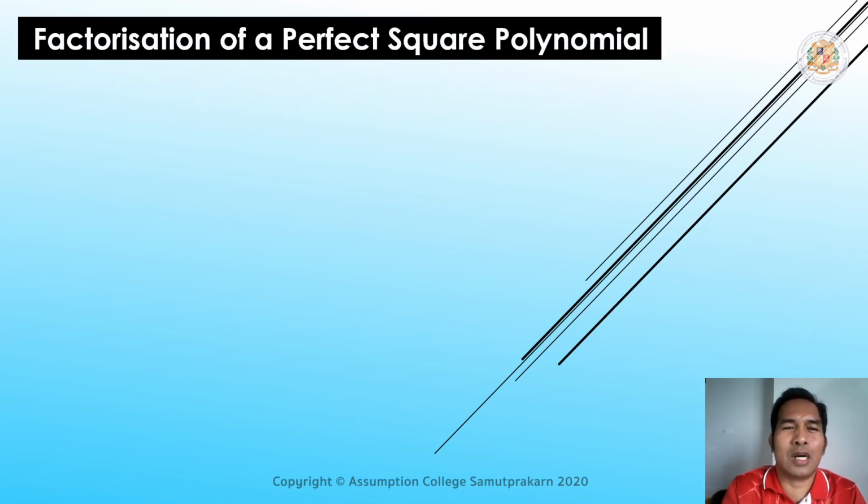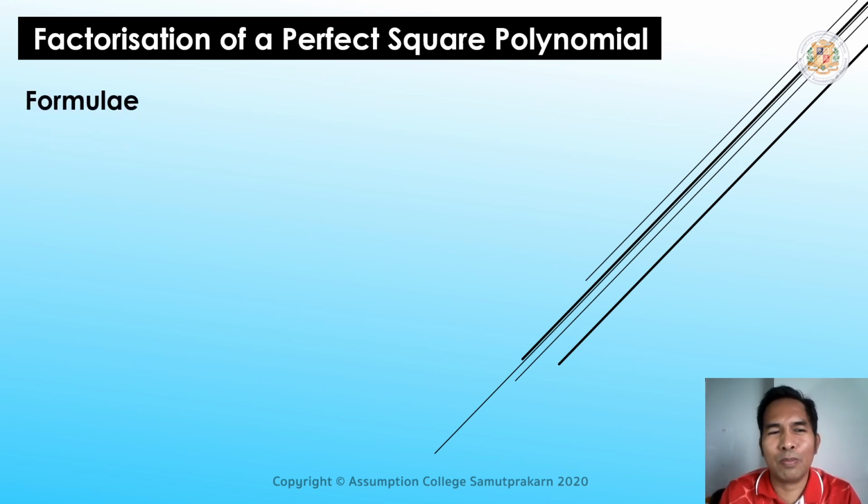Lesson 3 is about factorization of a perfect square polynomial. In factorization of a perfect square polynomial, we have a formula.